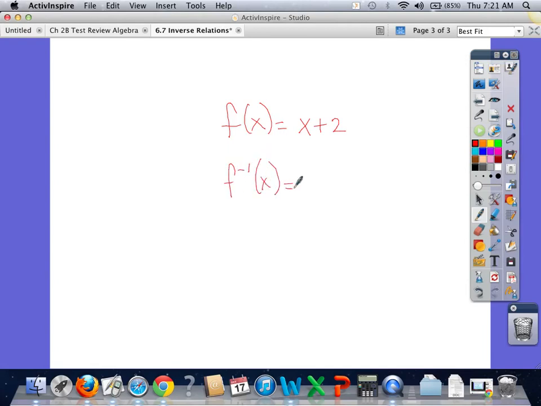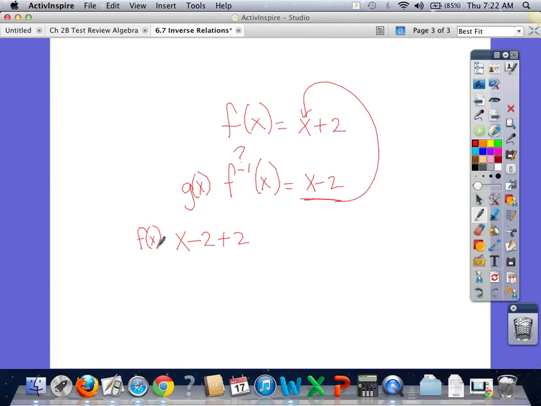Let's say g of x is x minus 2. We want to know if it is an inverse. We'll take the g of x and put it into the f of x. So that's going to be x minus 2 plus 2. That's the f of x.